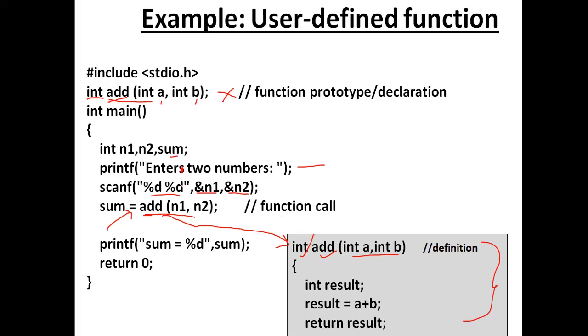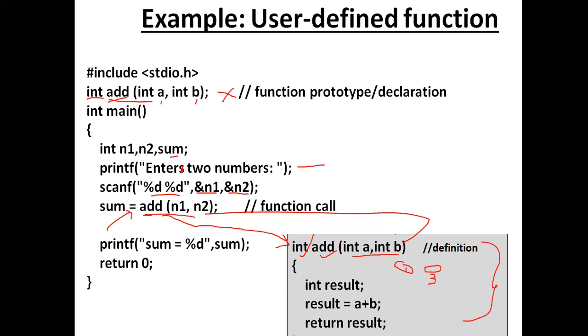So here what happens is n1 is copied to a and n2 is copied to b, and then some local memory for a and b is created, and whatever values the user has entered come here. Assume that I had entered 1 and maybe 3. So these are the values of a and b also.